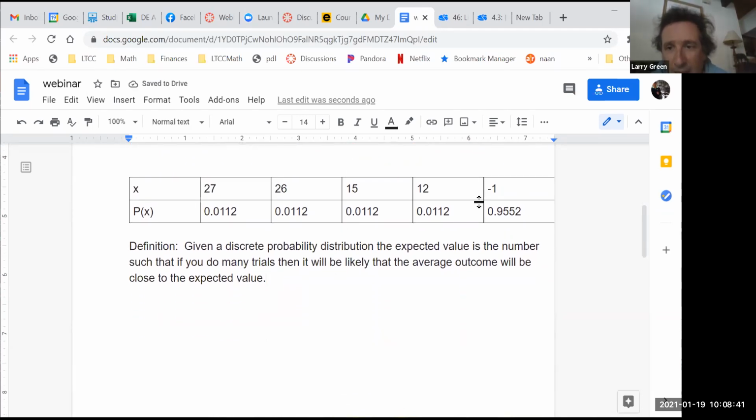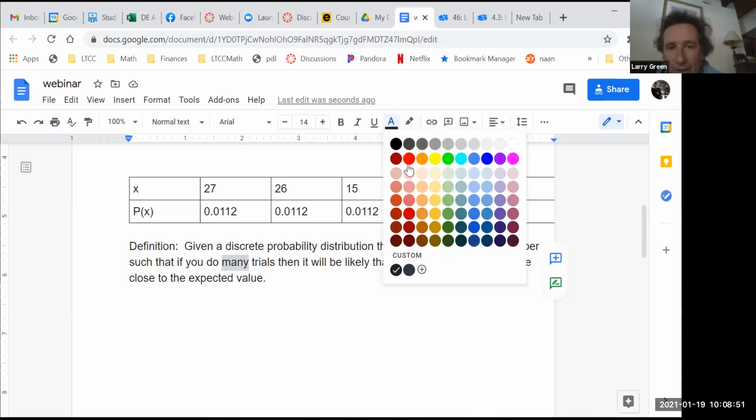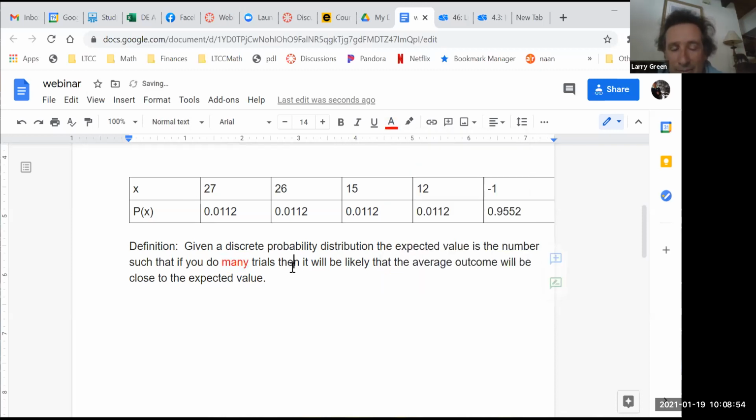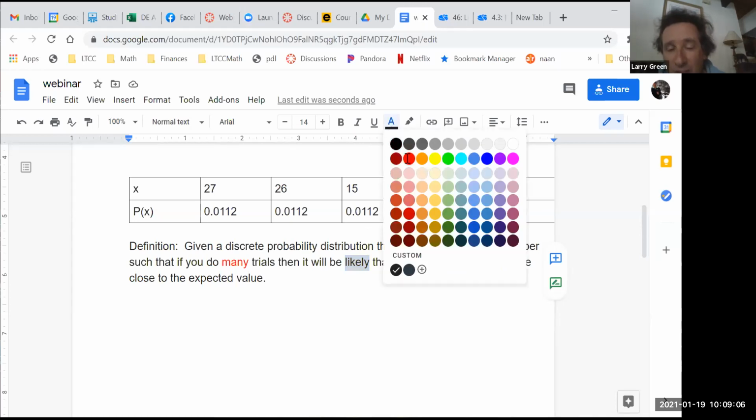So I want to highlight some important words here. Many. This does not work if you just do one trial. If you just buy one lottery ticket, the expected value is pretty meaningless. But if you play often, that's different. Likely means it doesn't mean it's always going to be true, but it's usually going to be true.